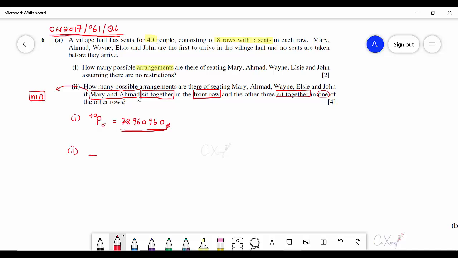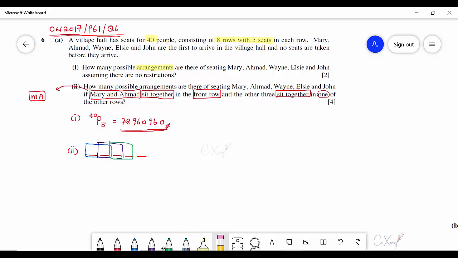So you have to imagine I'm having 5 seats in the front row. If I want to put Mary and Ahmad in, how many possible pairs of seats can I put them in? The first one can be this pair, Mary and Ahmad. The second possible seating is this pair, then the third one might be this.